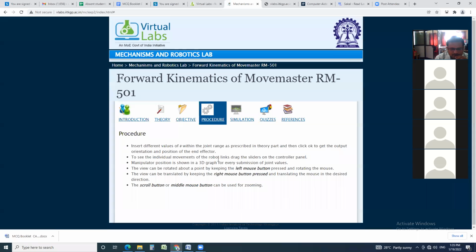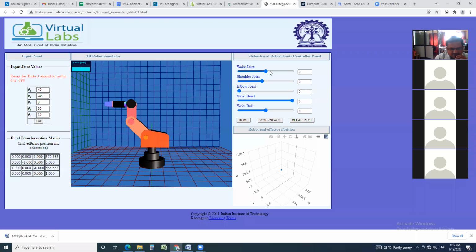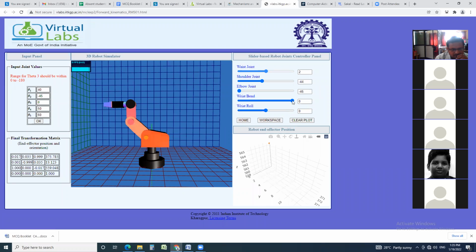Then to see the individual movements of the robot links, drag the sliders on the controller panel. Now these sliders are there. We'll drag them. See how these are moving.